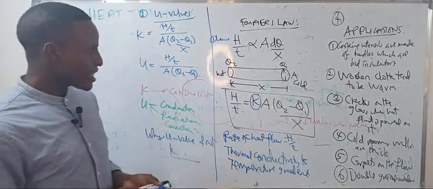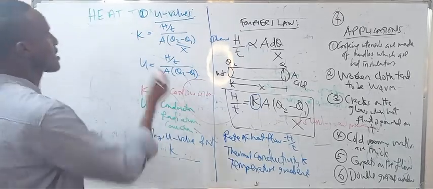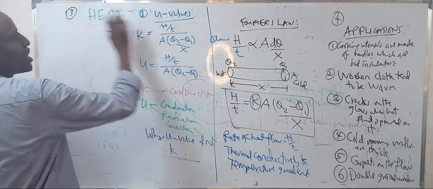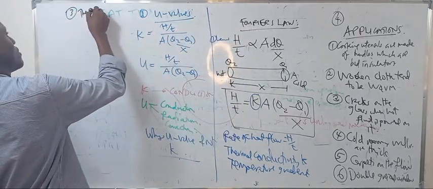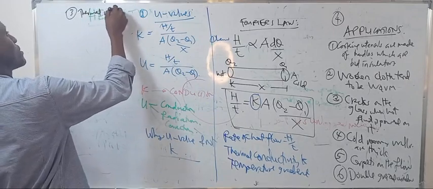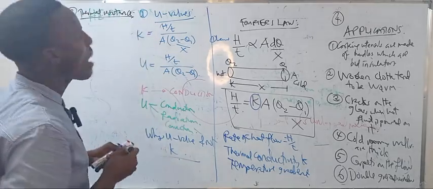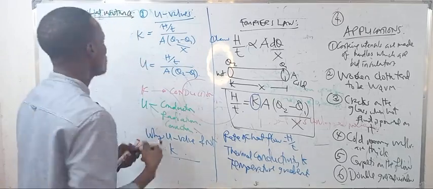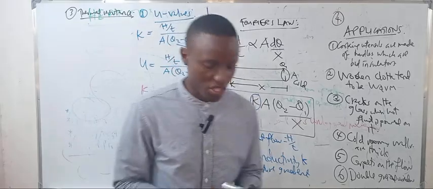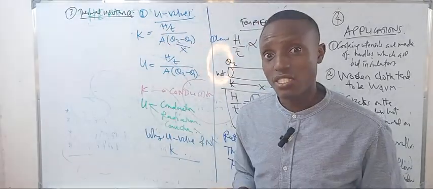Okay, I said about the U value. What's the thermal resistance? The third concept you need to understand in Fourier's law is the thermal resistance. What is thermal resistance? It is just the opposition to the flow of heat. Let me use the relation. In current, what is current?